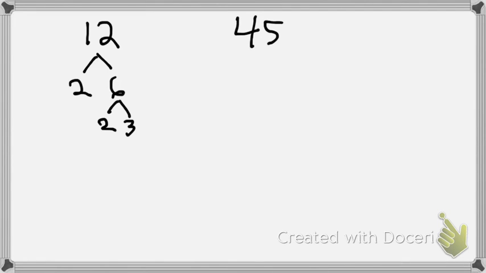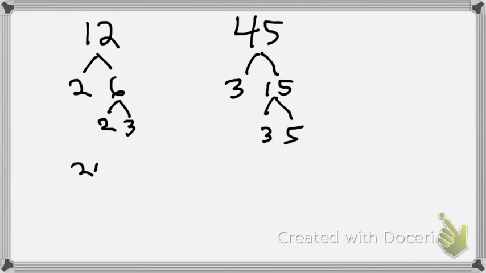So 45, we can't divide by 2, so then we look at 3. 45 divided by 3 is 15. 15, still can't divide by 2, and if we can't divide by 2 once, we can't divide by 2 ever. So 15, is there another 3 in there? Yeah, and it's 3 times 5. So the prime factorization of 45 would be 3 times 3 times 5.